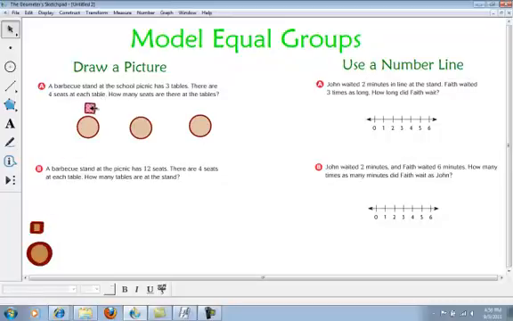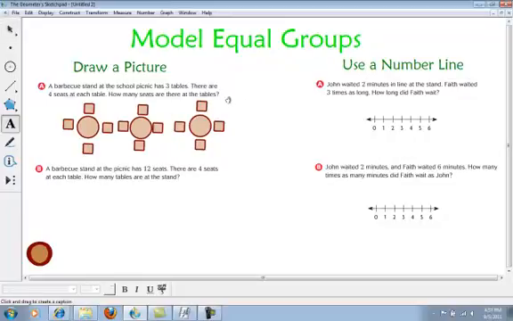So now I'm going to take these seats and put them out, so that way there are 4 seats at each table. There's 4 at that table. Four at that table. And 4 at the third table. And the question is, how many seats are there at the tables? Well, we could write this in 2 ways.